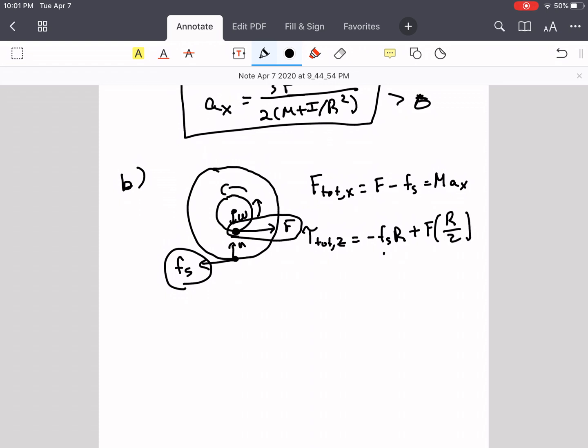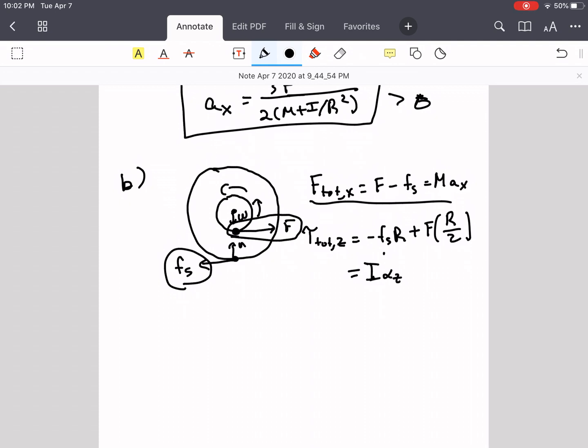So static friction seems to want the object to move to the right, and this capital F seems to want to move it to the left, but actually if you look at Newton's laws, it's exactly the opposite. So it's a little funky. And there's really no magic here. We just have to solve the equation.